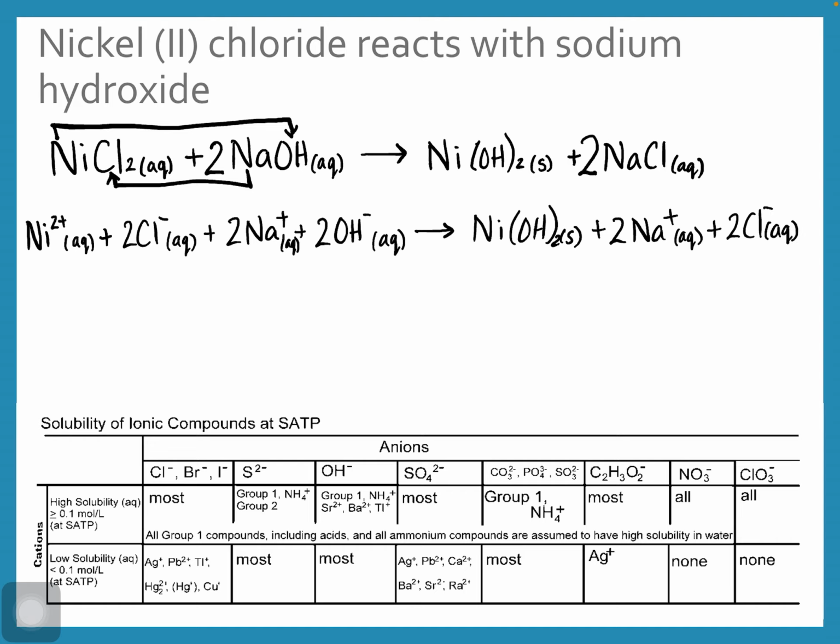The next step is to find any spectator ions. There's 2 chlorine on either side, 2 sodium on either side. So those are my spectator ions. What I'm left with then are nickel and hydroxide coming together to form the precipitate nickel hydroxide.